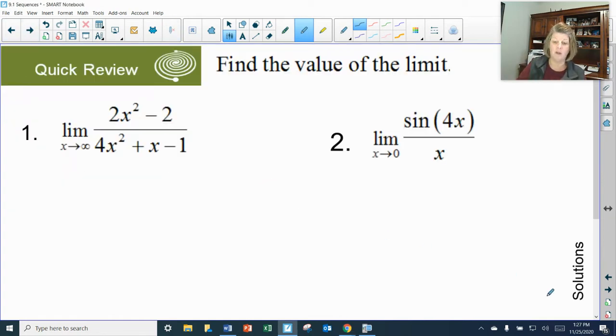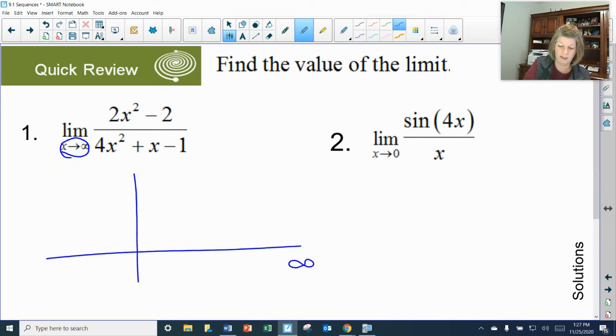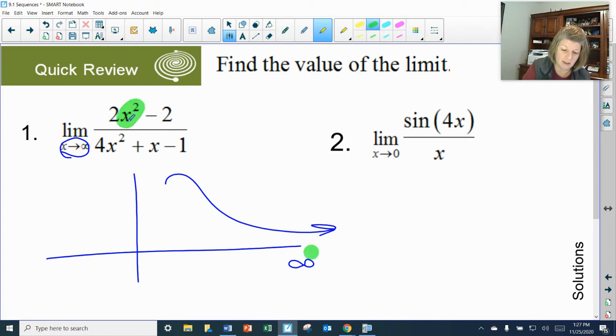Find the value of the limit. So just a little review idea here. If I'm headed to infinity, I want to look at what the end behavior of my graph is. And sometimes they end up being a horizontal asymptote. So if I can analyze the highest degree on top and bottom and determine that they're the same, then it's the ratio of the coefficients.